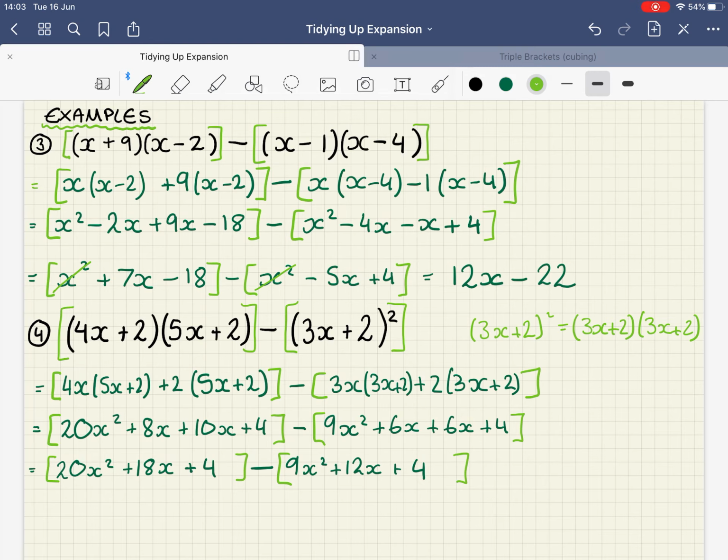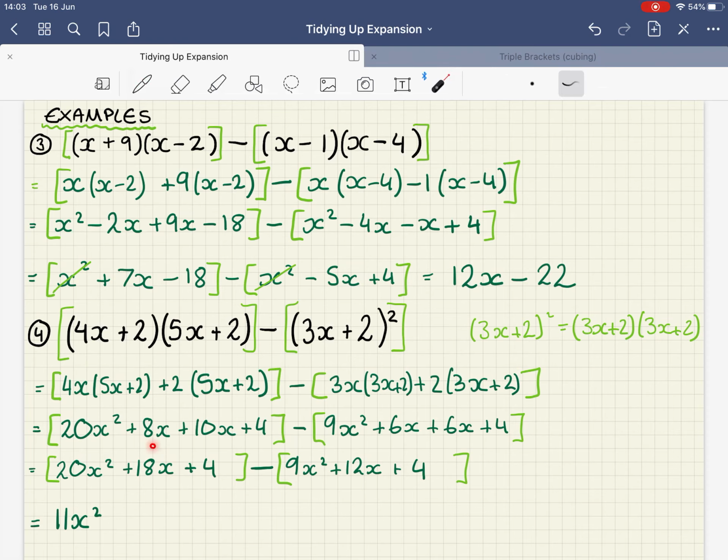And now we can collect our like terms together. So I've got 20x squared take away 9x squared. 20 take away 9 is 11, so that's going to be 11x squared.